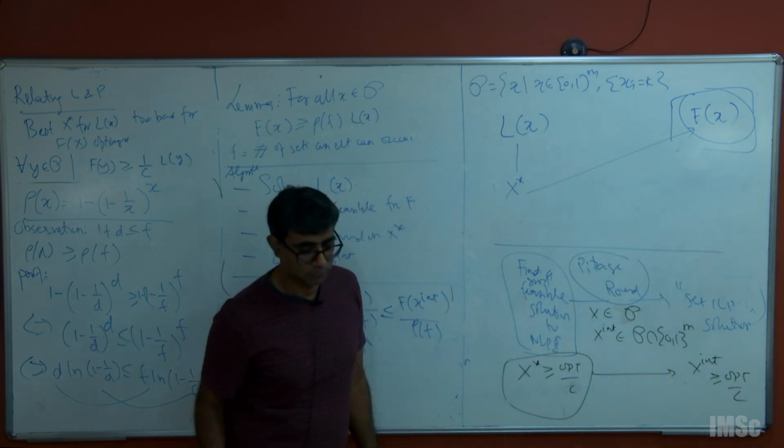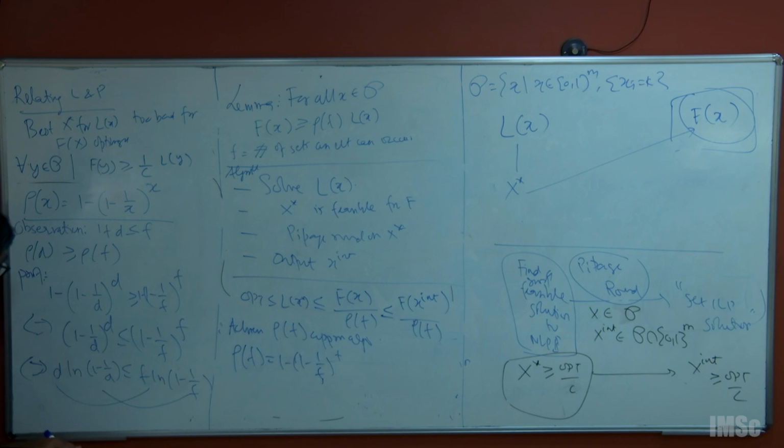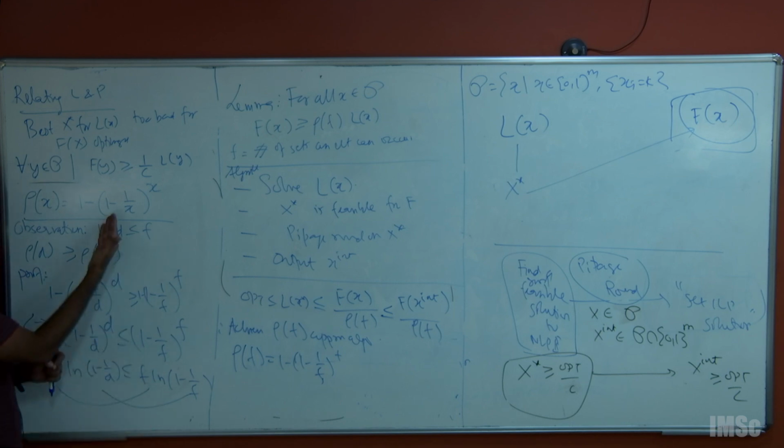I have a question. Have you already used this observation? No, we have not used it. This observation is just to tell you that this is a very obvious observation. If you think numerically, if the elements appear fewer times, then you get a better approximation ratio. It's a frequency.